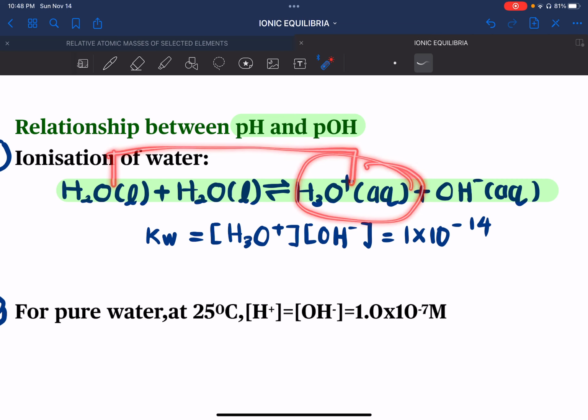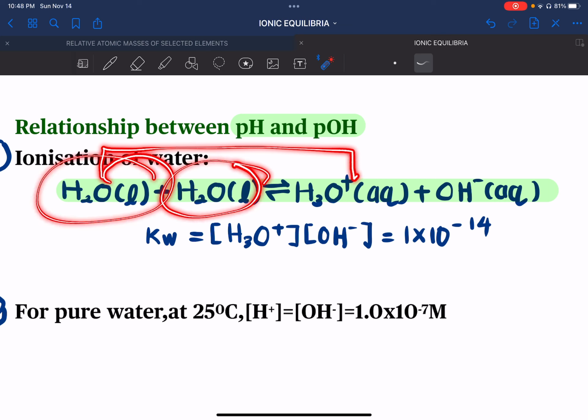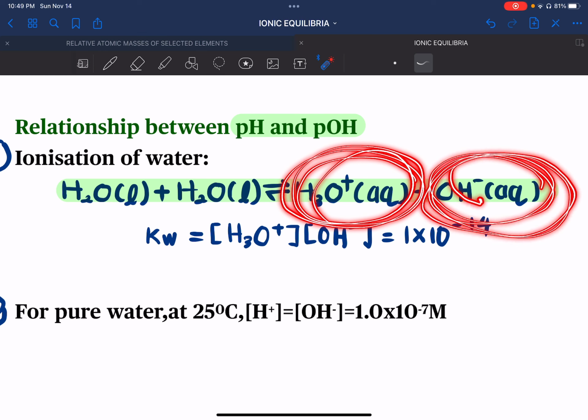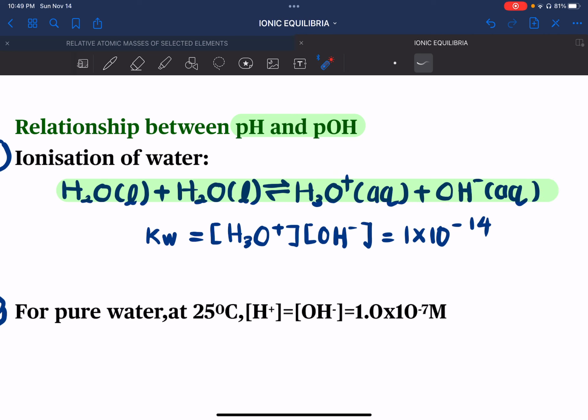So basically water ni, okay, dia dissociate jadi H plus and OH minus ion. Okay, so ini dia punya equation ionization of water. Maksudnya water ni dia akan bercerai jadi ion. So ion dia adalah H3O plus ataupun H plus and also OH minus.